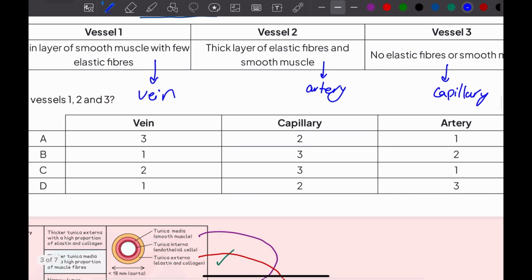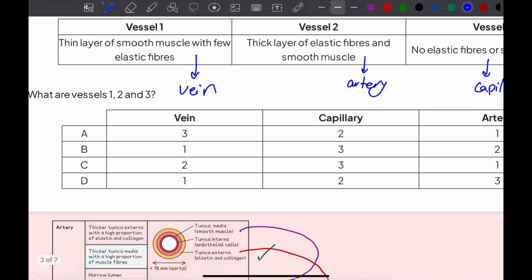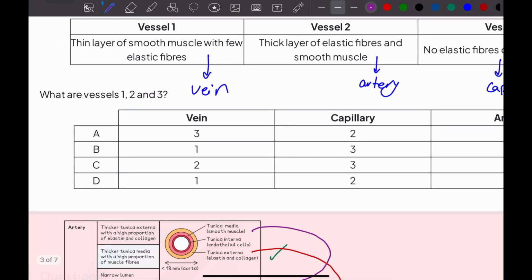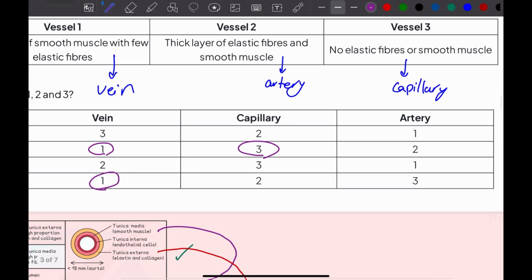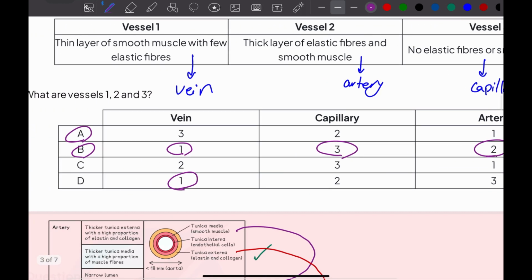So we should look carefully between numbers and alphabets. Vein is vessel 1, capillary is vessel 3, and artery is vessel 2. So the final and correct option is B.